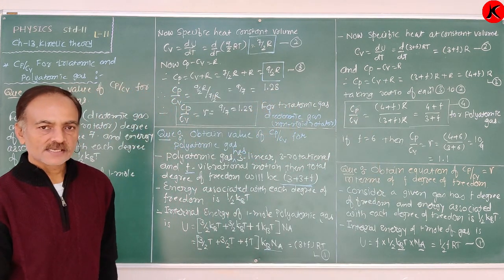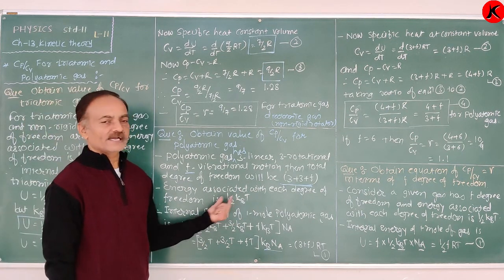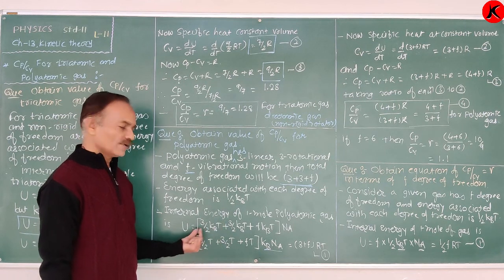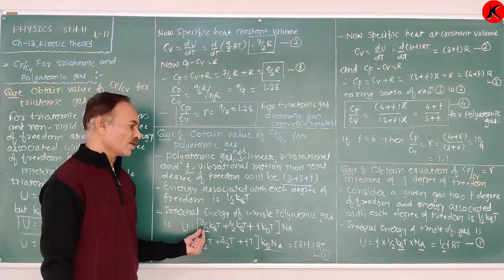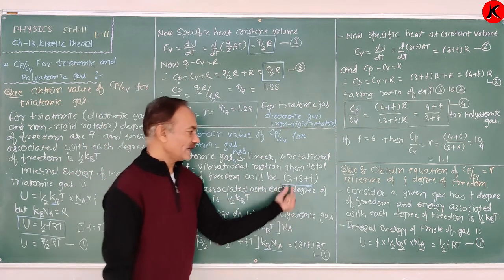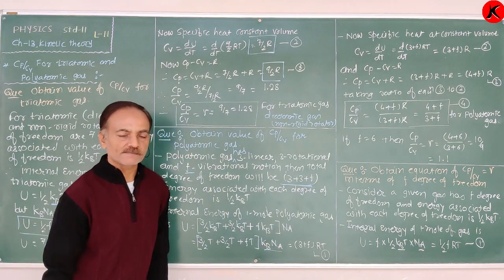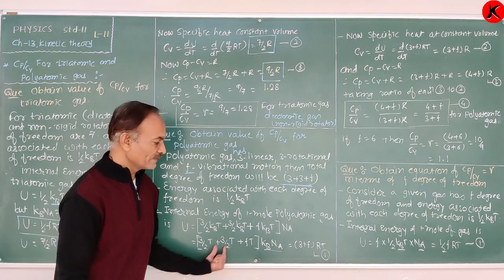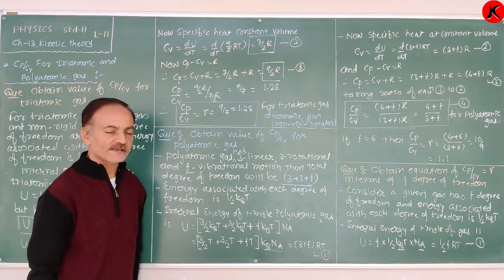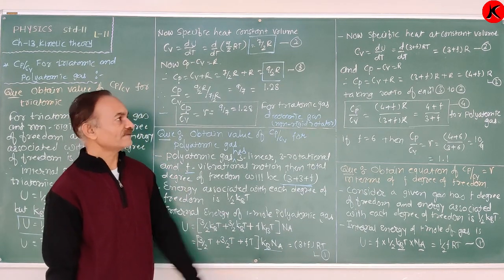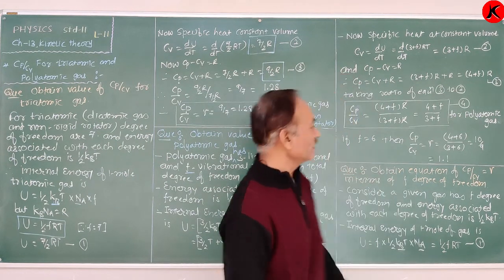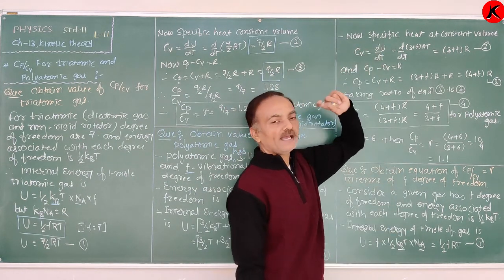Clear this? Only keep in mind that here the degree of freedom for polyatomic gas is 3 plus F. Therefore, the internal energy of 1 mole of polyatomic gas is half kBT into Na into bracket (3 plus F). So we simplified, and we obtained the internal energy as (3 plus F) RT. After that, we substitute in the equation of specific heat at constant volume, Cv is equal to dU by dT.